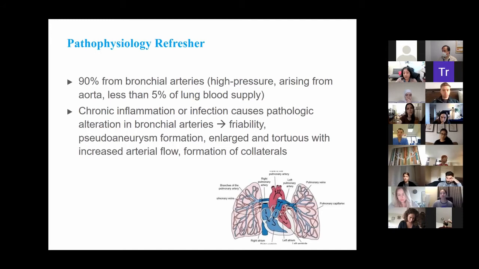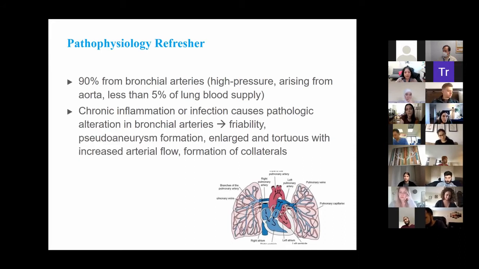hemoptysis, it's important to understand why the majority of patients who have hemoptysis, why that blood is actually coming from the bronchial system, which is the high pressure system. So almost 90% of the time it's coming from that system and not the pulmonary arterial system. And the way I think about it, in a lot of the patients that you probably will see that have submassive hemoptysis, these are patients who present with bronchitis, they have bronchiectasis, maybe pneumonia, TB.